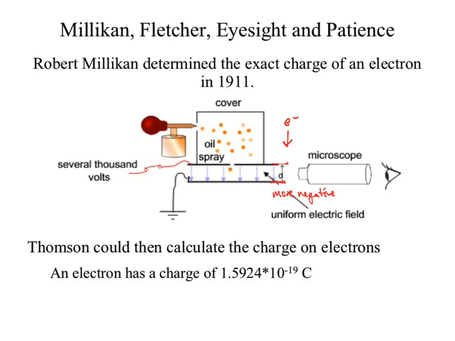It is really special because they could do a couple things now. They know the current that they've put in. They can also see through a microscope the oil drop just sitting there. Because they can see it, they can measure the size of the oil drop. They can now compare the size of the oil drop to the charge they've put in, which then means they can calculate the exact charge on an electron.